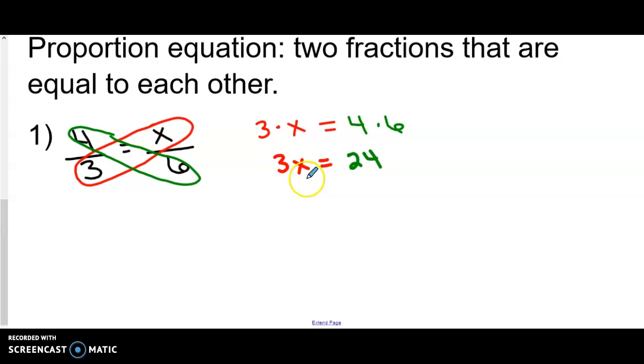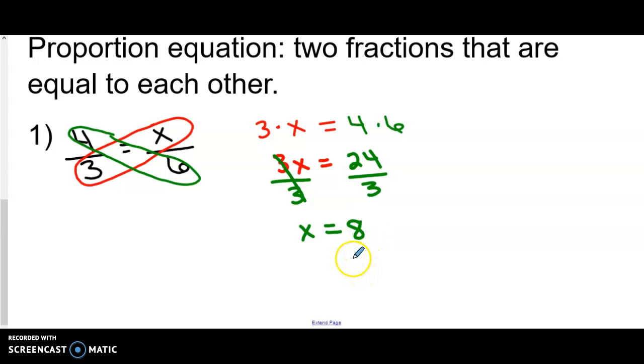Since 3 times x, or 3x, is multiplication, we are going to do the opposite of multiplication and divide both sides by 3 to get x by itself. 3x divided by 3 cancels out to 1x, or just x. And then 24 divided by 3 is 8.